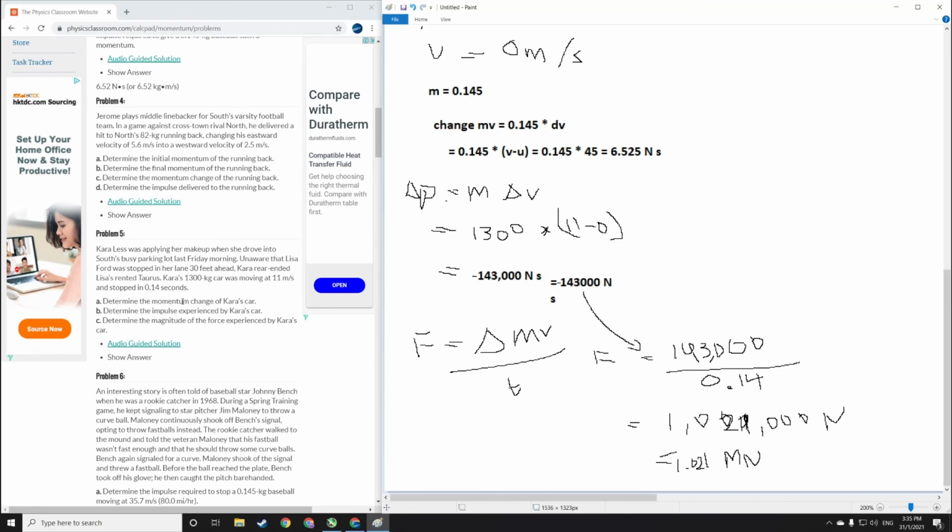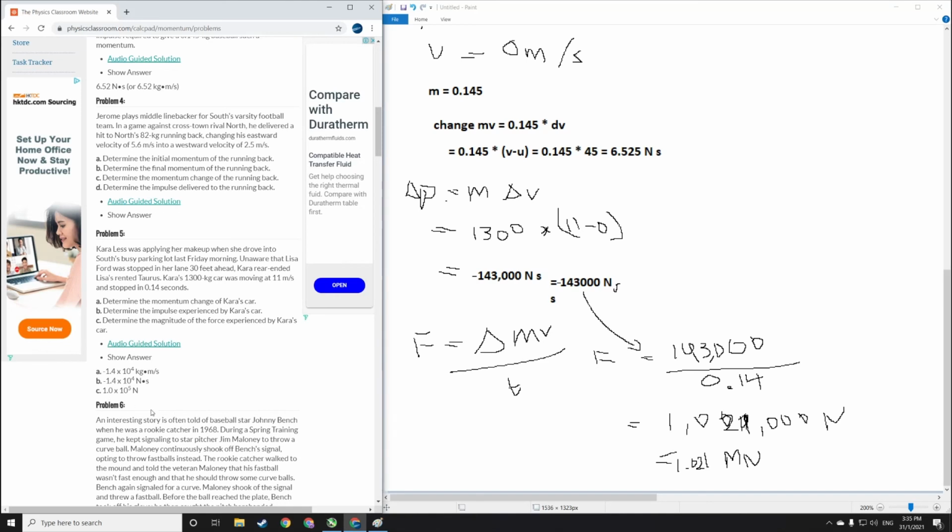Because even though you could say that momentum change is an absolute quantity, we do still want to put that negative sign just to be sure, right? So we put negative 143,000 newton seconds, and then here we have 1 times 10 to the power 6 newtons, or 1 meganewton. And let's see the answer if we're right, and we are. So that is definitely a success.